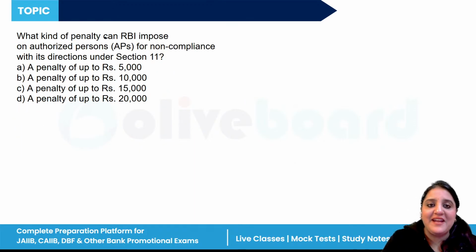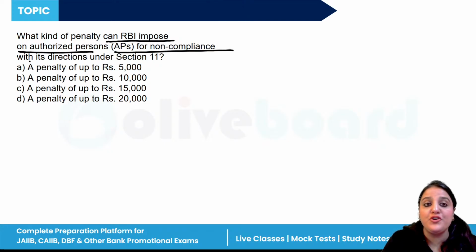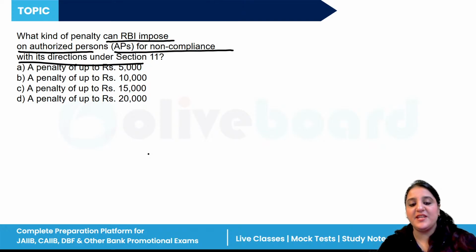What kind of penalty can RBI impose on authorized persons for non-compliance with its direction under Section 11?